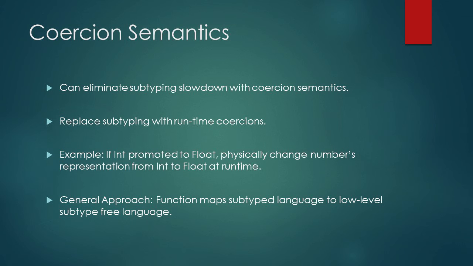Now, an example is if integer type is promoted to floating point type, instead of having a system where tags are checked, you can just have the compiler physically change a number's representation from integer to float at runtime. The general theory behind coercion semantics is that you can have functions which essentially map subtype languages to lower level subtype free languages.